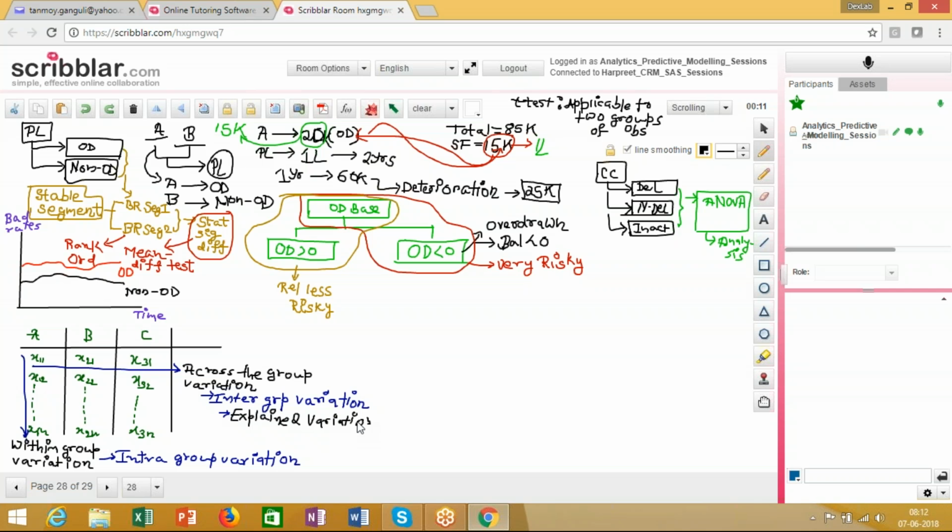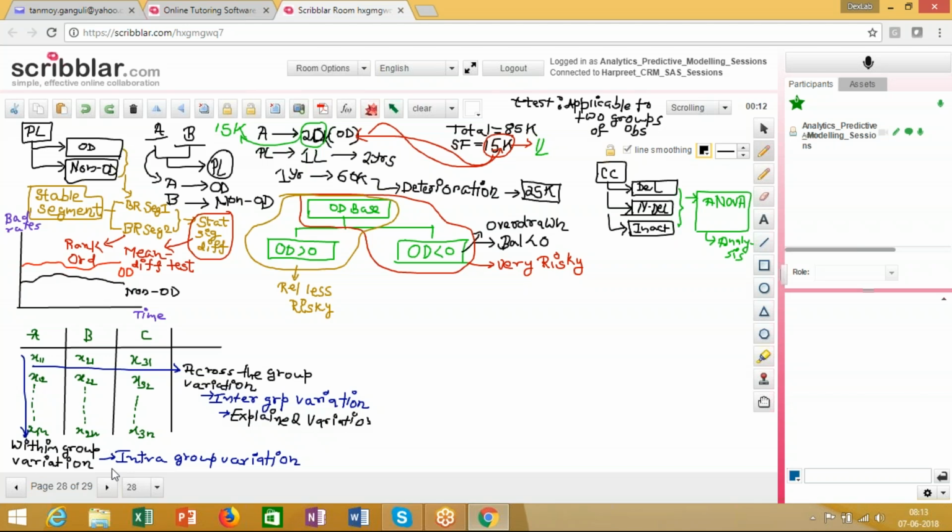When I talk about the intra-group variation, what we are trying to talk about is the variation within a particular group. Now within a group, why a variation is occurring may not be possible to say, because all the observations in a group are homogeneous in nature.